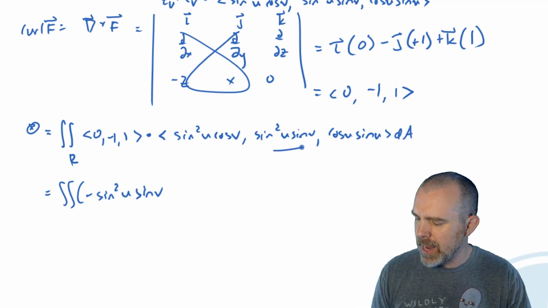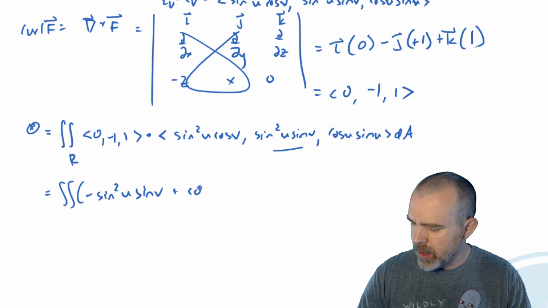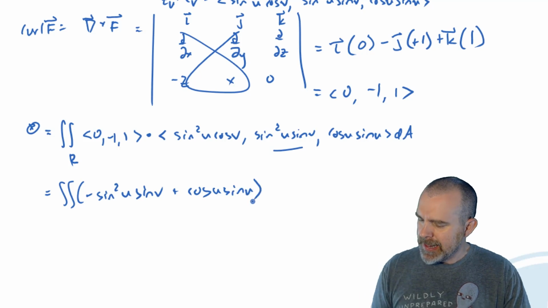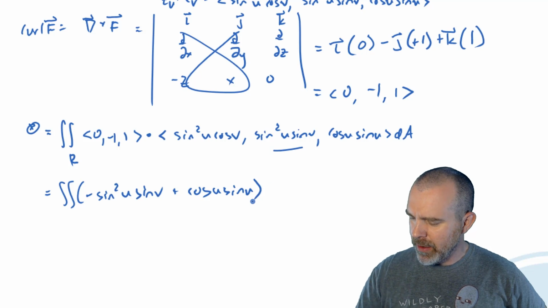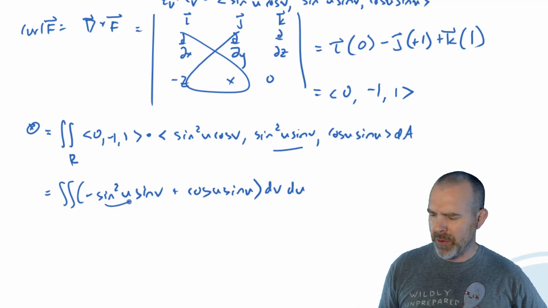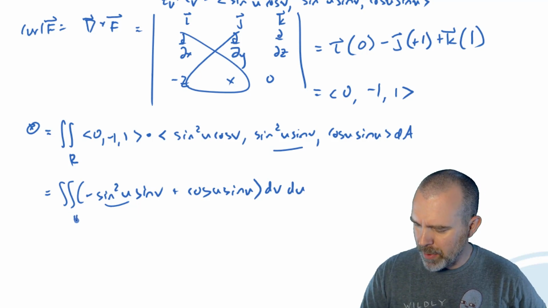That's a negative 1 times sine squared u sine v, and then plus cosine u sine u. And then we can do du dv or dv du. I think I'd rather do v first because I'm hoping I don't have to do a power reducing identity for the sine squared u. So v goes from pi over 2 to 3 pi over 2, and u goes from 0 to pi.